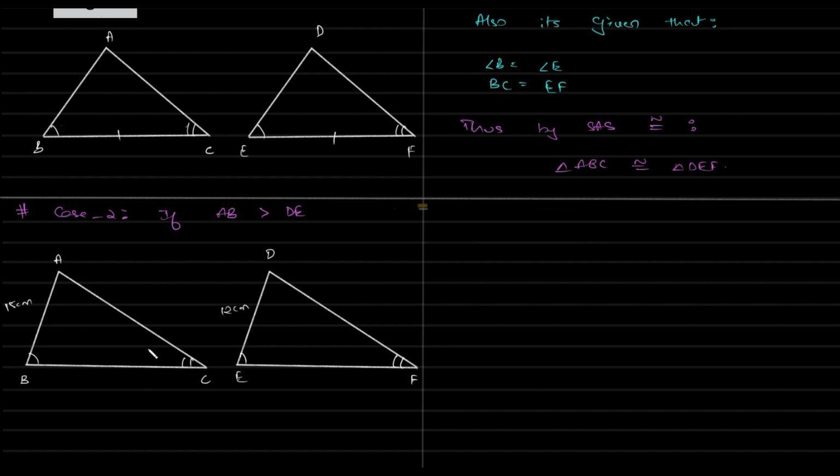So what we can do is a construction wherein from point B, I will take a point P such that PB is 12 centimeters. So this is 12 centimeters from here to here.